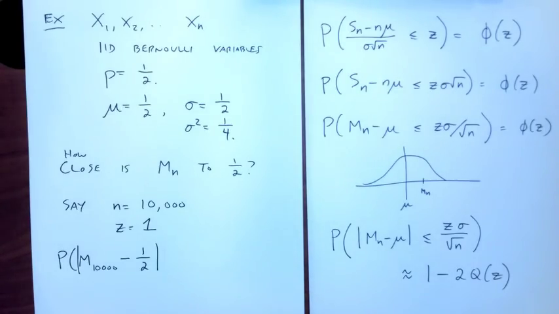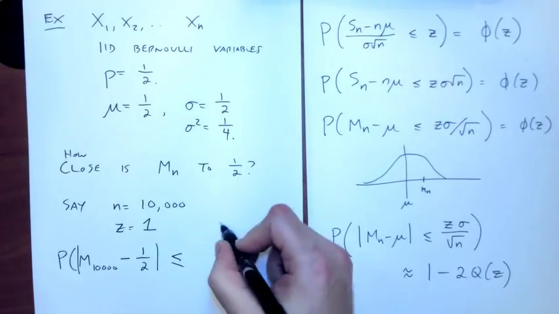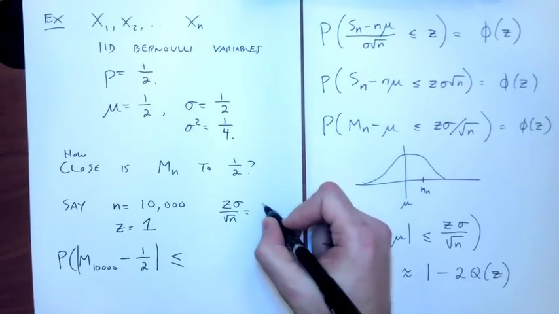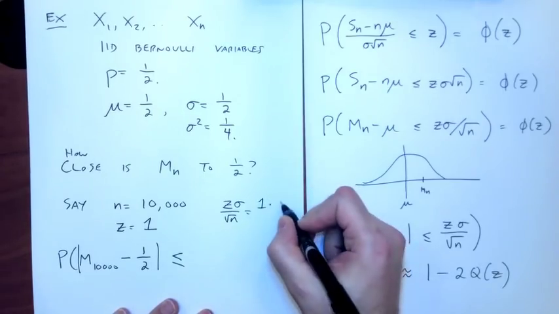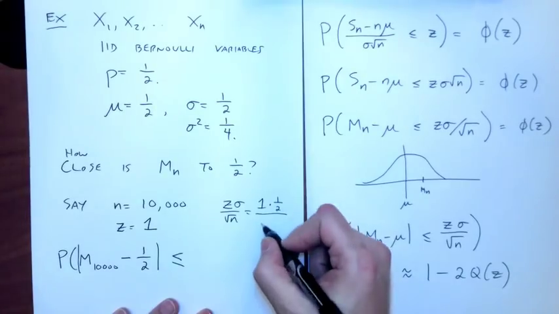and then, what is this z sigma over square root of n? z is equal to 1, sigma is equal to 1/2, square root of n is equal to 100.